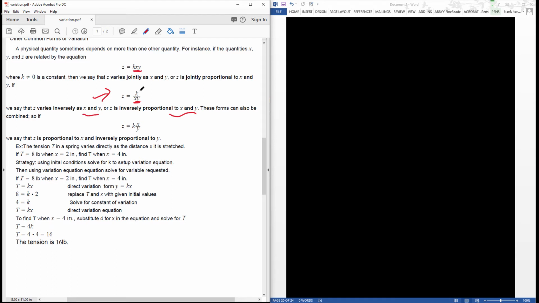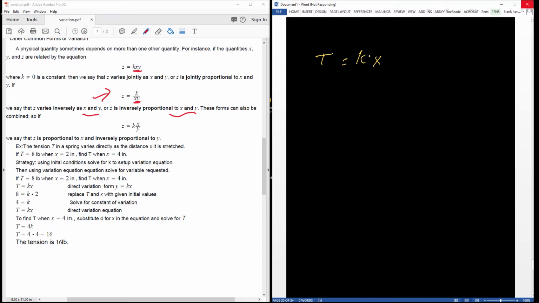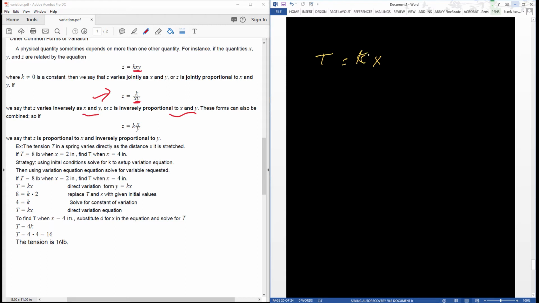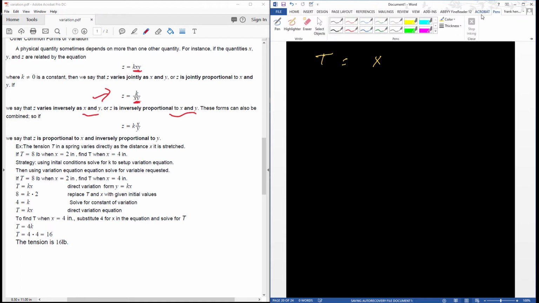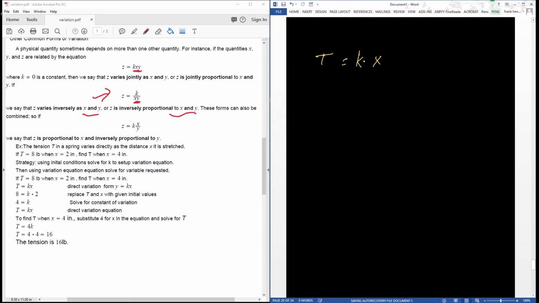The tension in a spring varies directly as the distance x it is stretched. So we're given that T varies directly as x. So that tells us the relationship there, how they relate to each other. This is a k. There.